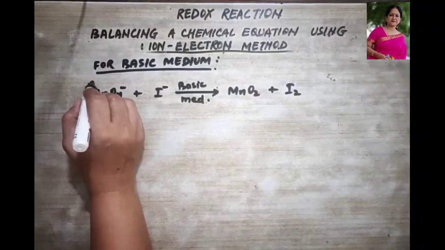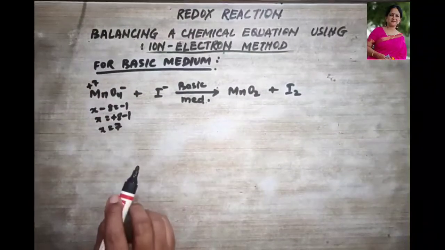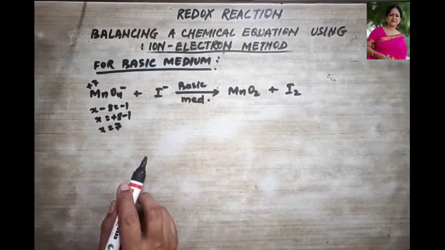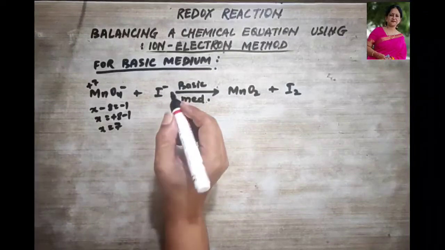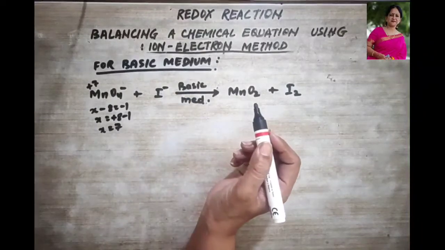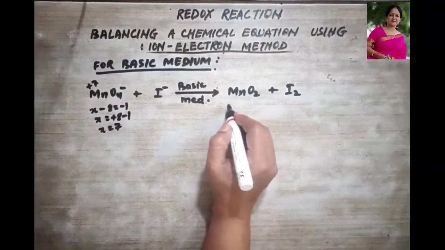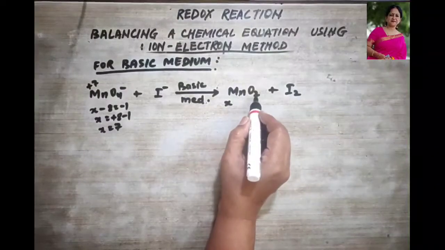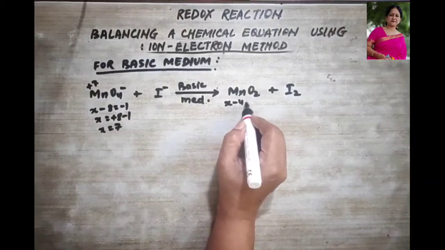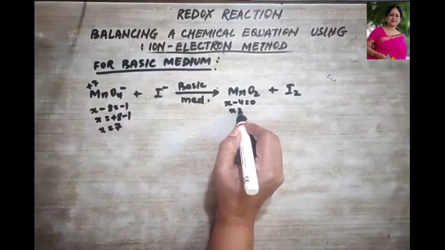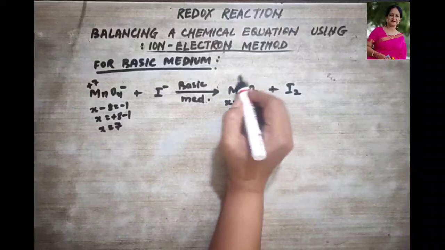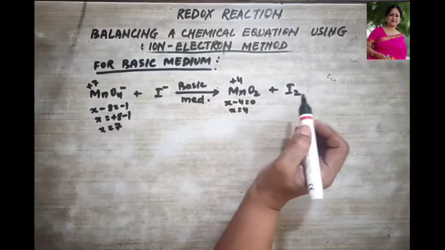So over here the oxidation number of manganese is 7, right? Then this is already given to you. Then let's come to manganese this side. Here it was X, 2 2s are 4, minus 4 is equal to 0. So X is equal to plus 4. So here manganese is plus 4.